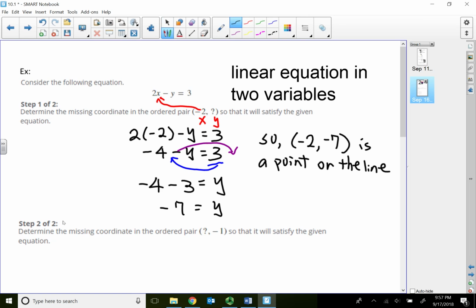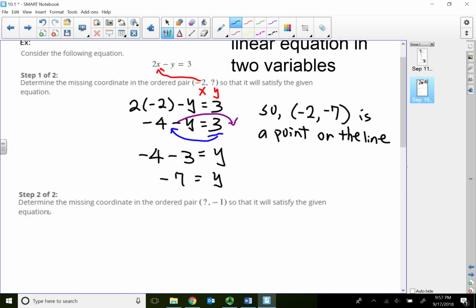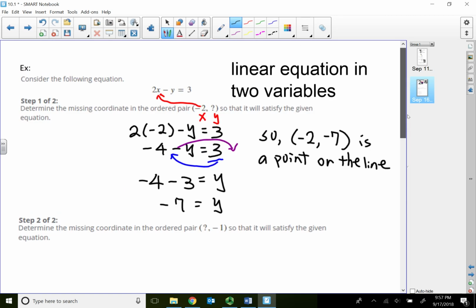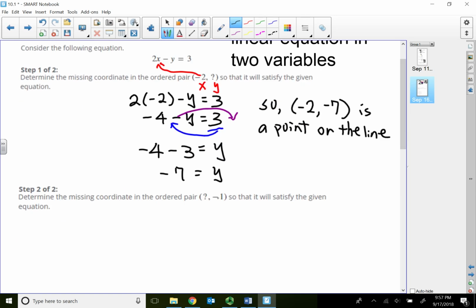That's why step 2 out of 2 is to determine the missing coordinate again. This time, the problem tells me the y value is going to be -1. Let's find the missing x value. All I'm going to do is plug in -1 where my y is. Let me write this out. My equation says 2x minus y equal to 3. Now I need to substitute -1 for y.